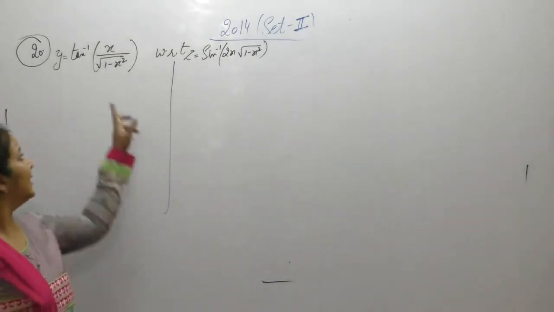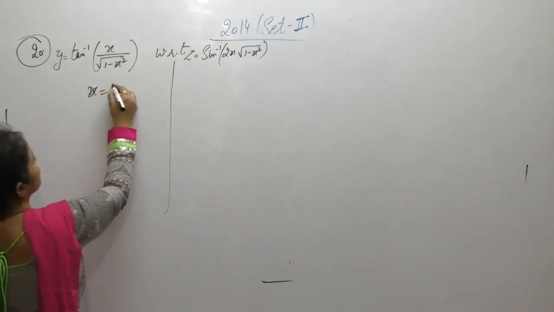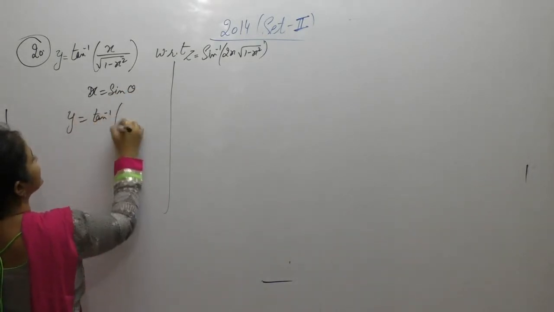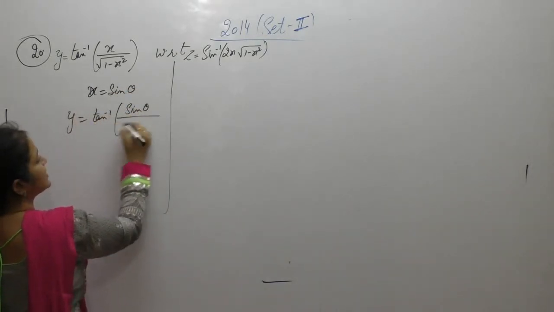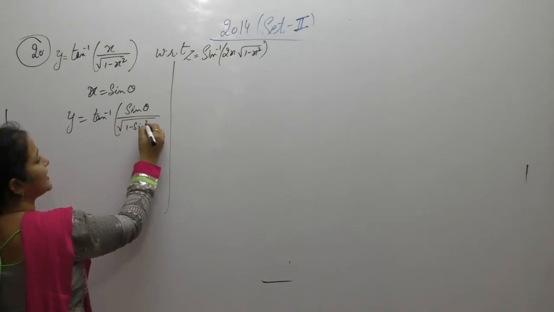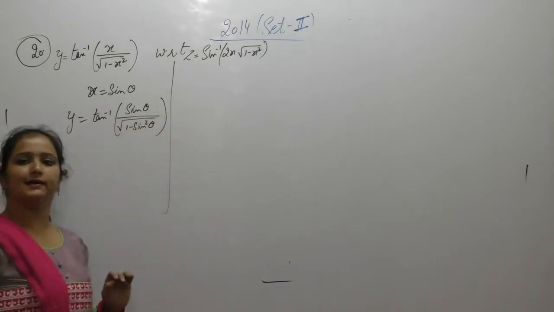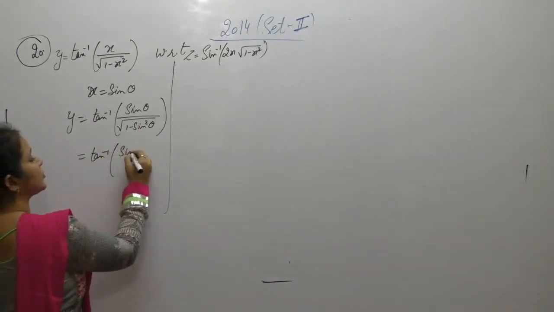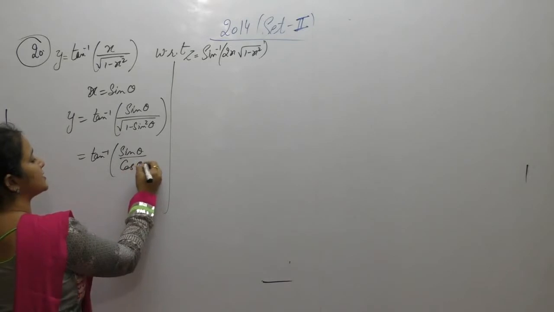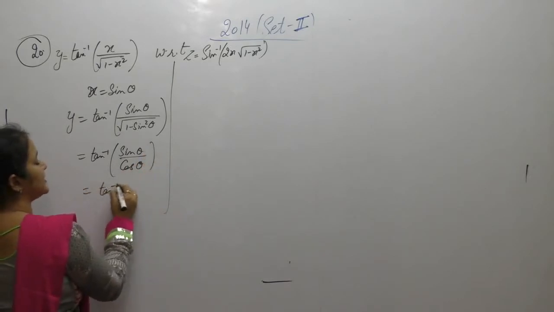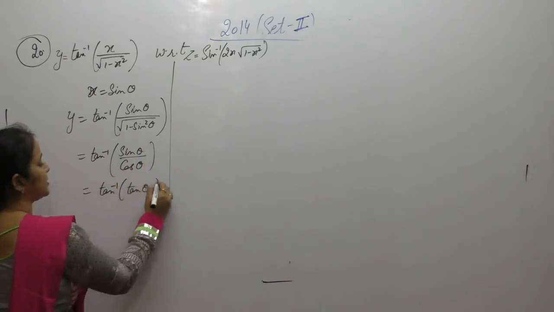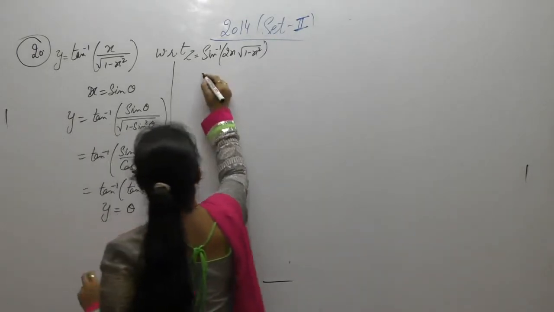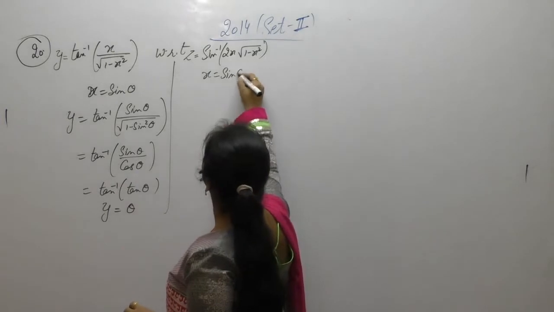Now put x equals sin theta. So y is tan inverse of sin theta upon square root of 1 minus sin square. Use the identity here: 1 minus sin square is cos square and square root of cos square is cos. Sin upon cos is tan. So we get the value of y as theta. Here put x equals sin theta.